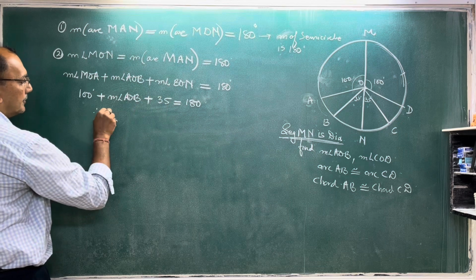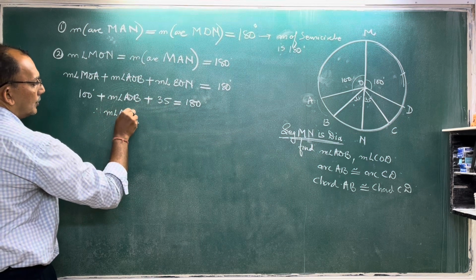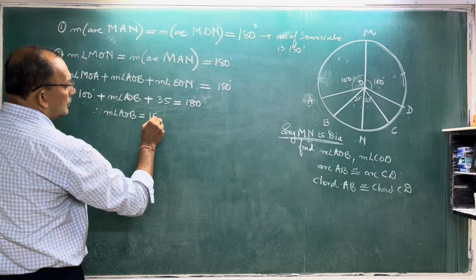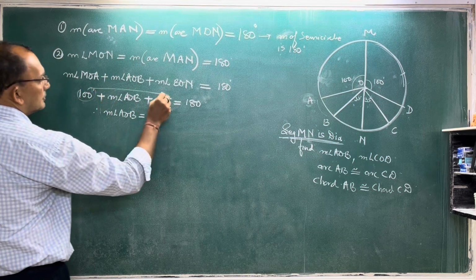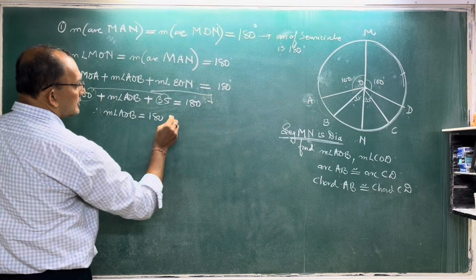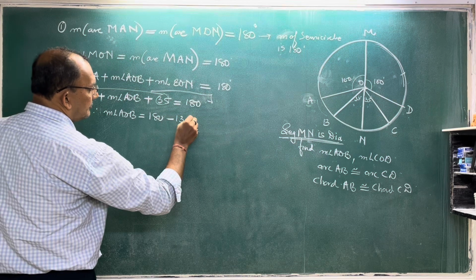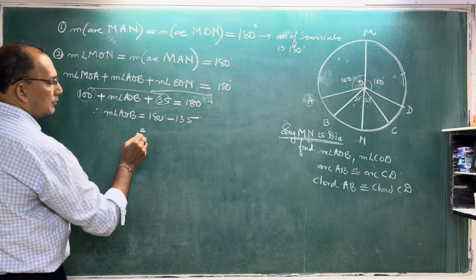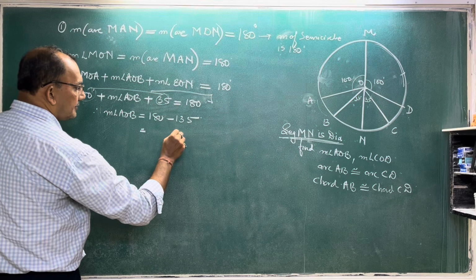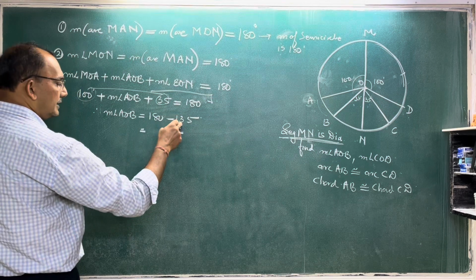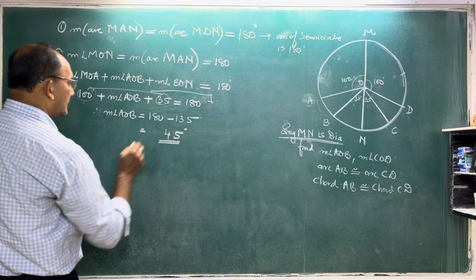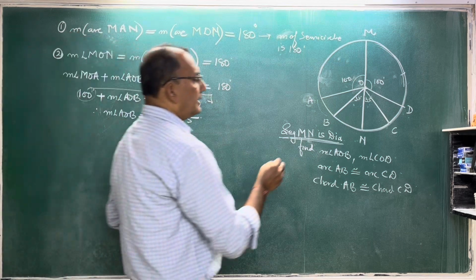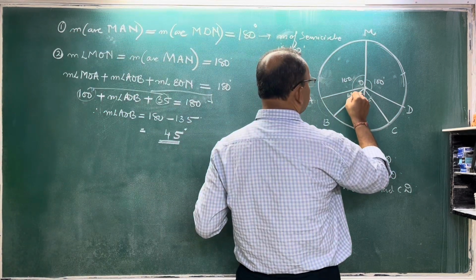So therefore, measure of angle AOB will be equal to 180, and shifting 135 to the right side it becomes minus 135. So this will give me 10 minus 5, 5. 7 minus 3 will be 4. So it is 45 degrees. So AOB, I get here 45 degrees.